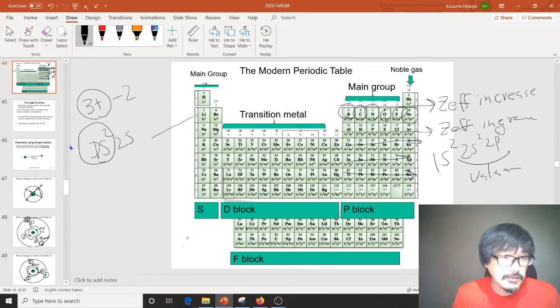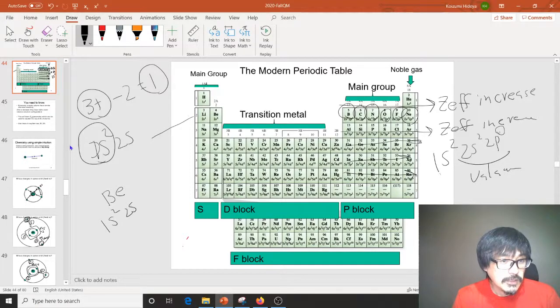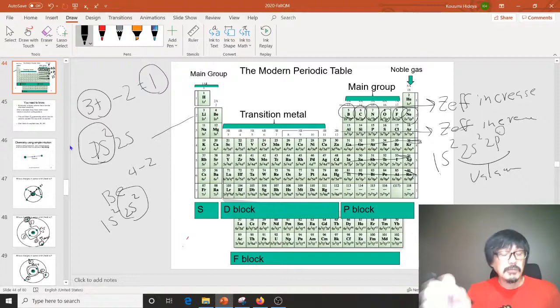So the outermost electron, the 2s electron occupying the 2s orbital, sees a 1 plus charge in the middle. Beryllium has 1s squared, 2s squared, and the number of protons is 4, but core electrons is 2. So the 2 valence electrons in the 2s orbital actually see a 2 plus charge in the middle.